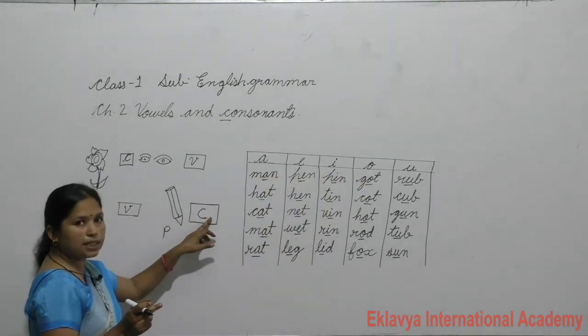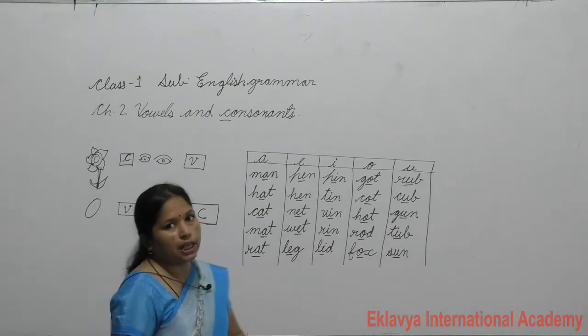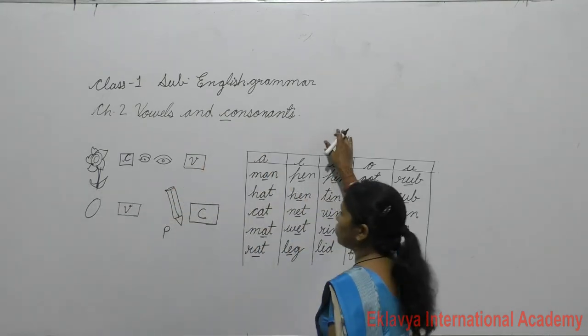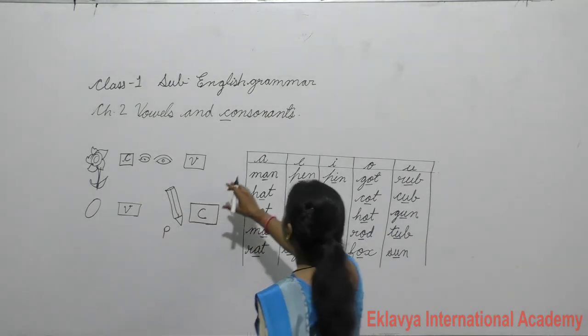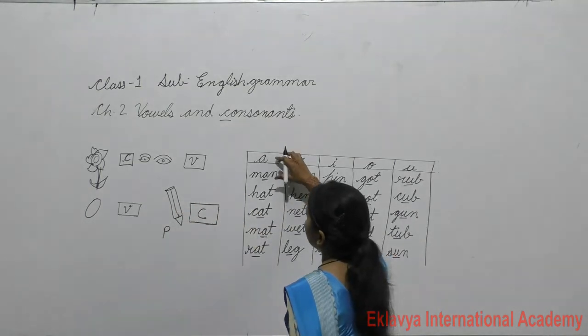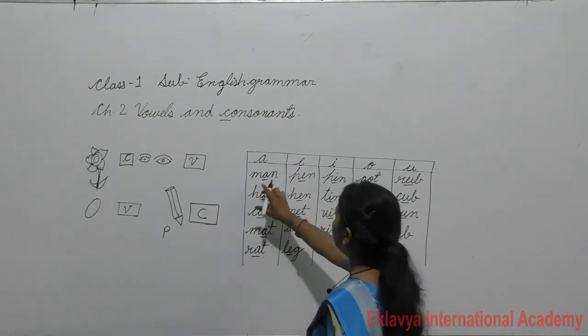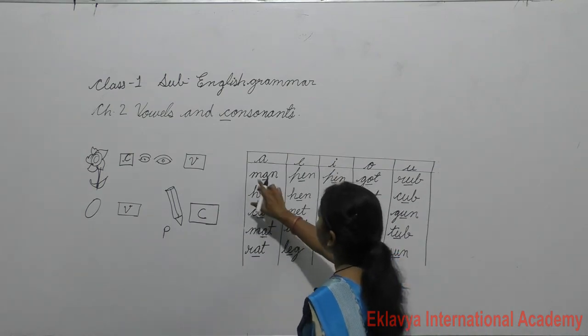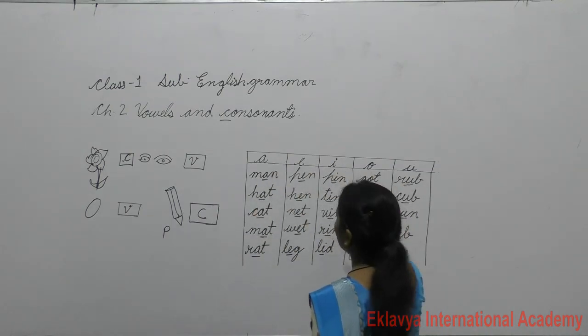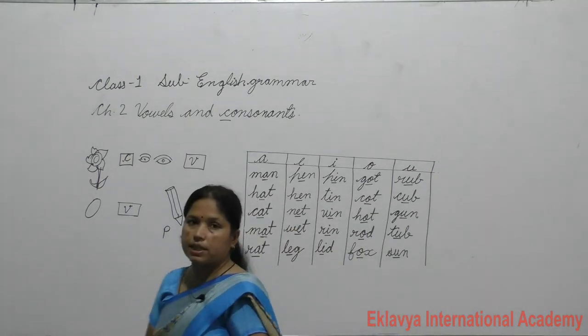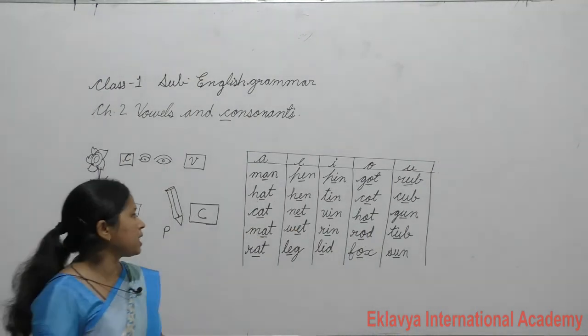Okay students, understand this? So today we learned vowels and consonants. Understand it in your books. Watch these sound words and identify the letters in between: A, E, I, O, U. Read the sound words from the previous class, UKG and prep class also.